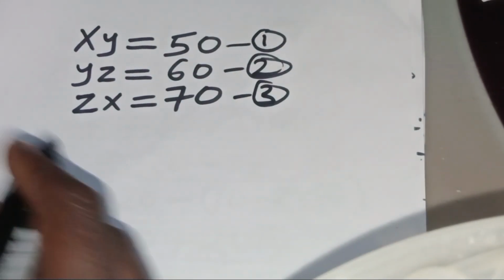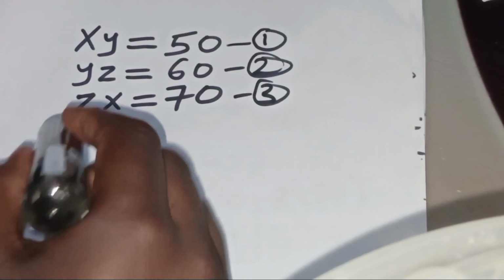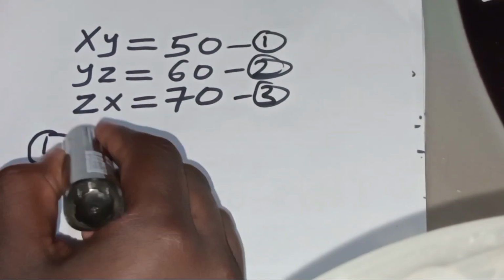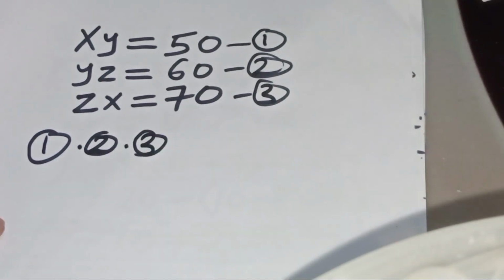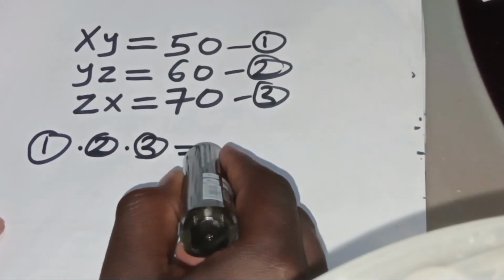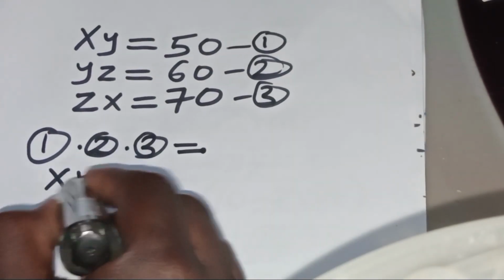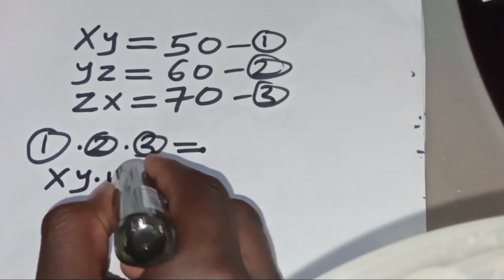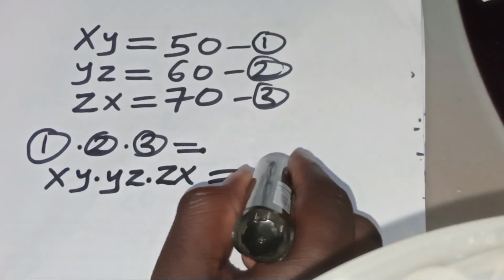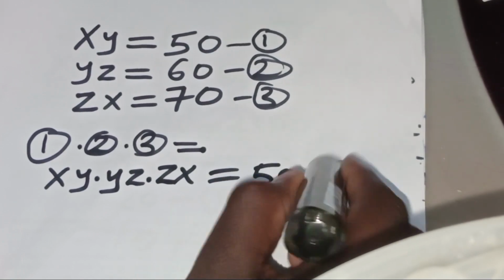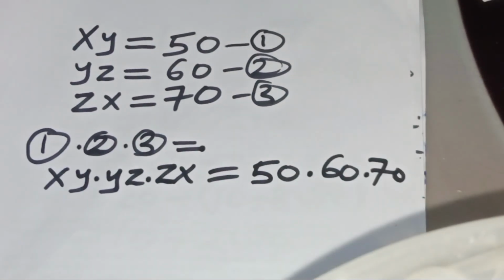The first thing is to multiply equation 1 by equation 2 and equation 3, which gives xy times yz times zx, equal to 50 times 60 times 70.